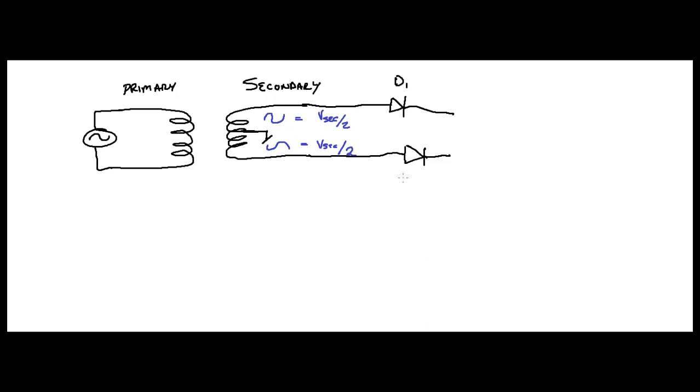Let's call this diode 1 and diode 2. We connect them together over here. Come through, come down, go through your resistor, and bingo. This is your load here, for example. All right? So there we have a circuit which will result in a full wave rectified voltage, right?